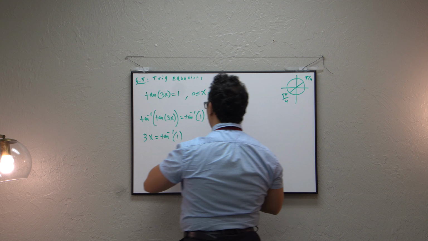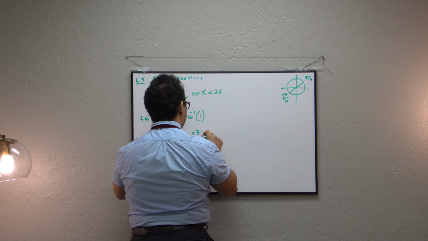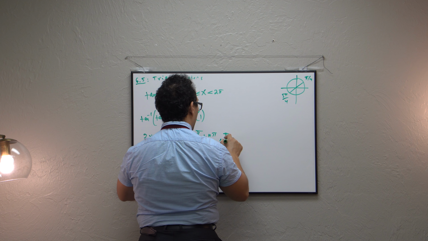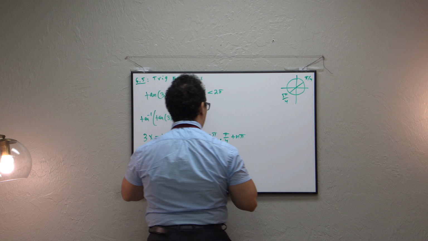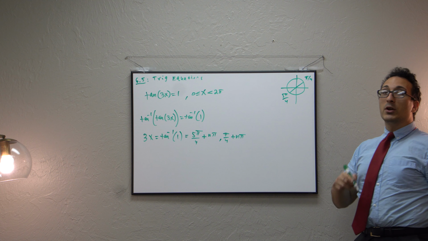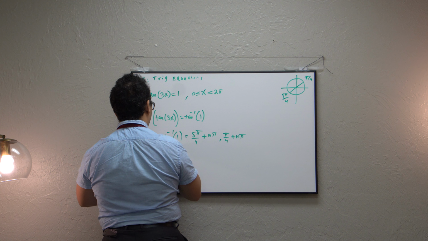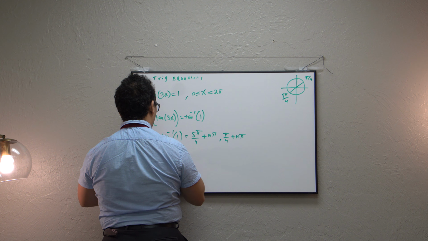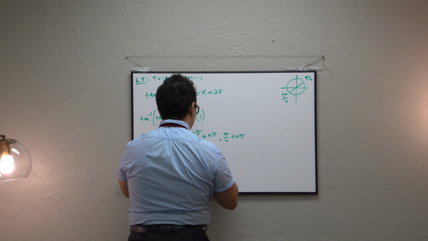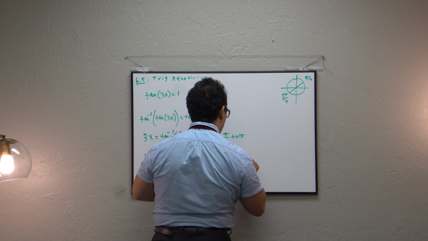So the tangent inverse of 1 is equal to 5 pi over 4 plus the period of tangent, n pi, and it's equal to pi over 4 plus n pi. As you can see, 3x is separately equal to this and to that. Solving for x separately, I get x equals 5 pi over 12 plus n pi over 3, and x equals pi over 12 plus n pi over 3.